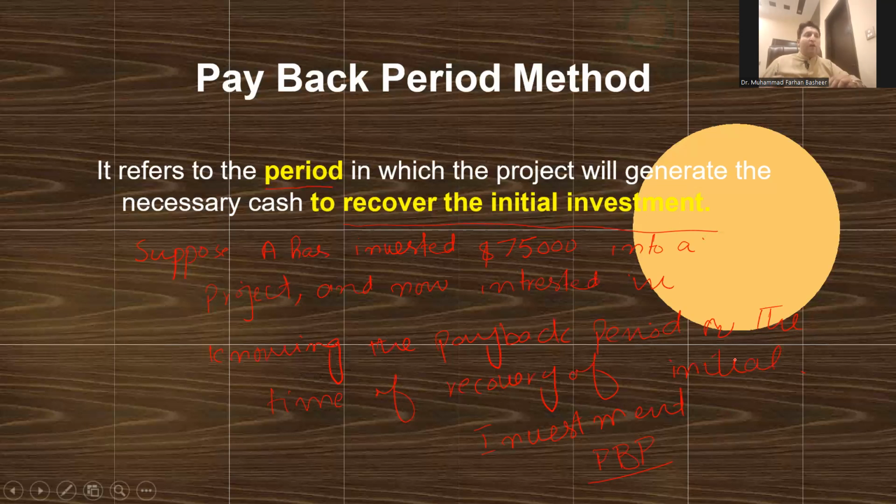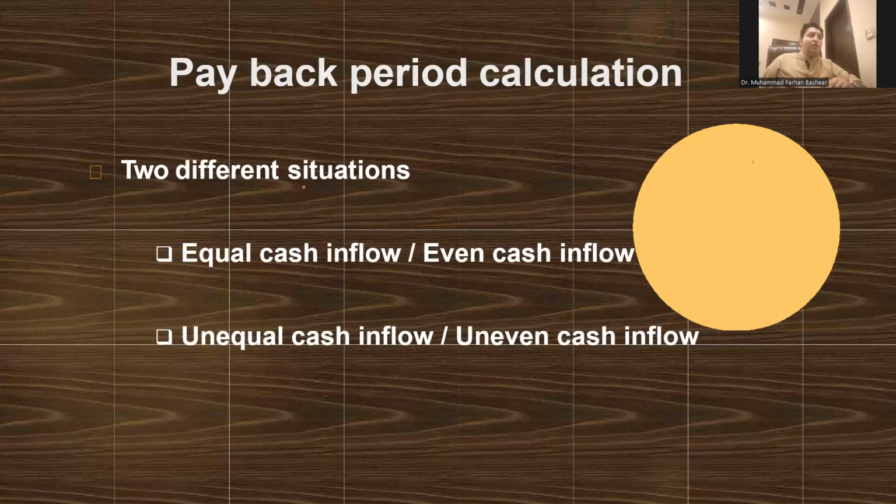Now let's have a look at how to calculate the payback period and what the different scenarios are. There are two different situations of payback period. An initial investment can generate equal cash inflows or unequal cash flows. Equal cash flows are also termed even cash flow, and unequal cash flows are termed uneven cash flow. Suppose in the previous example of $75,000, we encountered two cases.